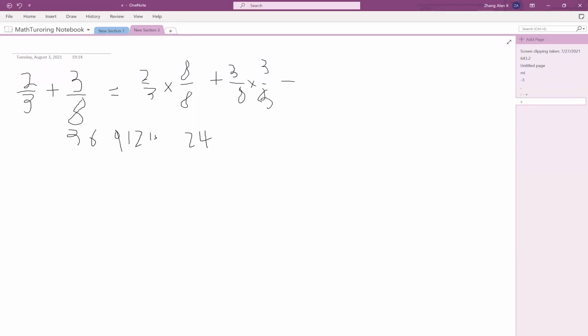And that would equal 16 plus 9, which is. Then Claire, what would this equal? I kind of don't get this part.